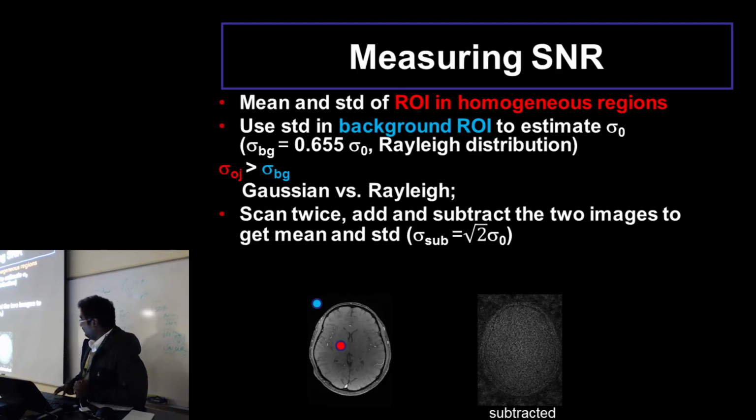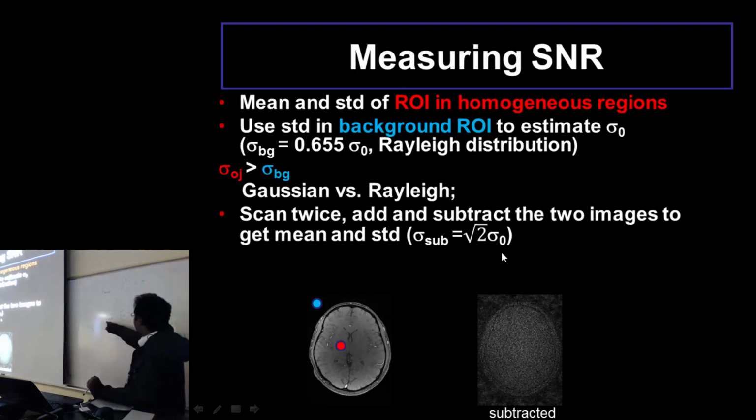When the noise is uncorrelated from one acquisition to the next, the subtracted image will have square root of 2 times the original standard deviation of a single experiment. This is a consequence of this summation, where you have n sigma squared, and each sigma is uncorrelated.